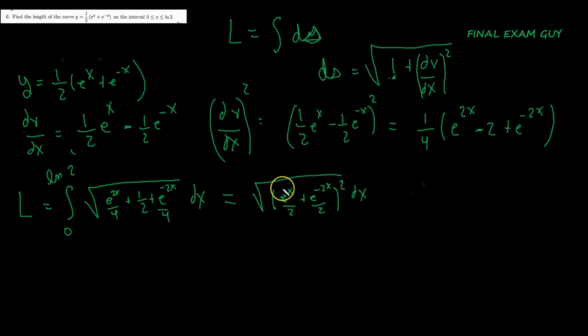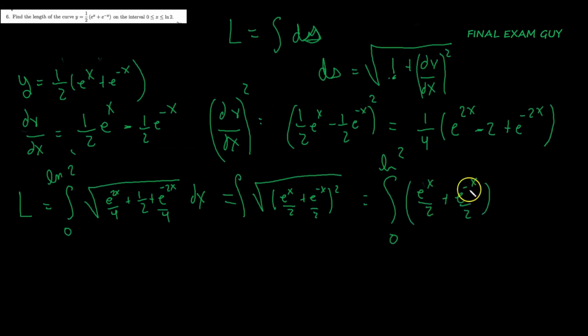Oops, I forgot to take this over here out. Let me just fix that. All right, negative x over 2 squared. And the square and the square root cancel out, so we'll have the integral from 0 to ln 2 of e^(x/2) plus e^(-x/2) dx.